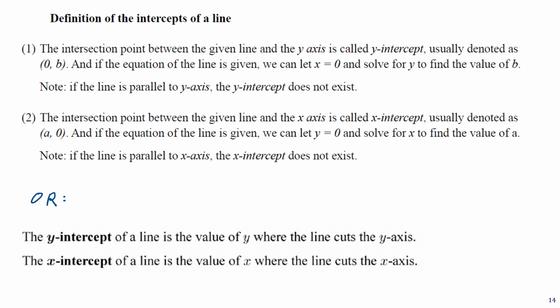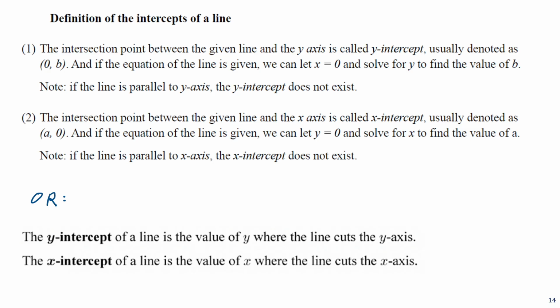It's also okay if you say the y-intercept is b, because y-intercept implies that the x coordinate is 0. So you could also say y-intercept is b. Or more strictly, that's actually a point with coordinate 0, b.